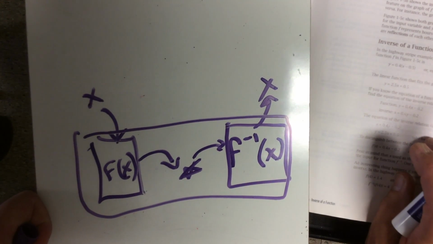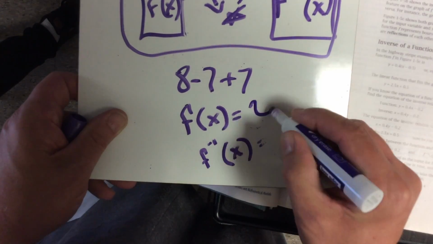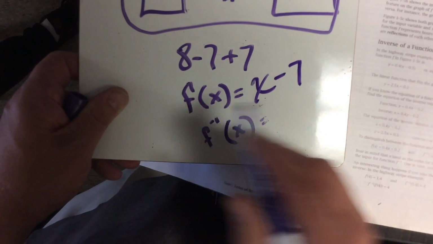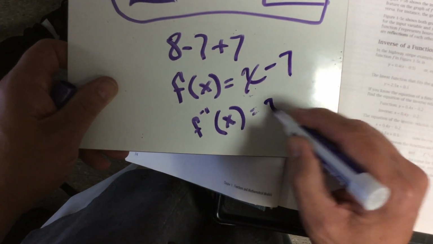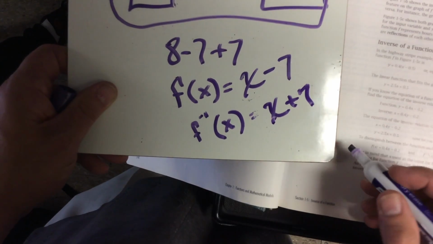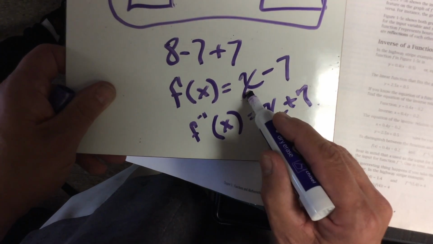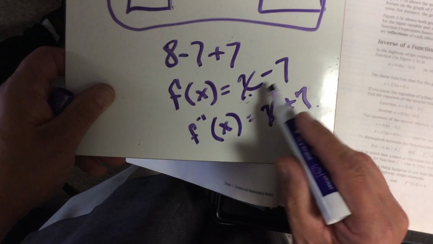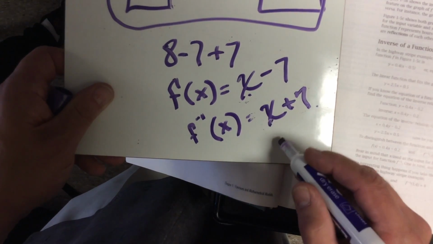So that if I combined these two as a composite function, nothing would happen. An example of that would be x minus 7. That's what we're talking about. And then this would be x plus 7. And if I put this in for x, the 7s would cancel out and I would just have x.